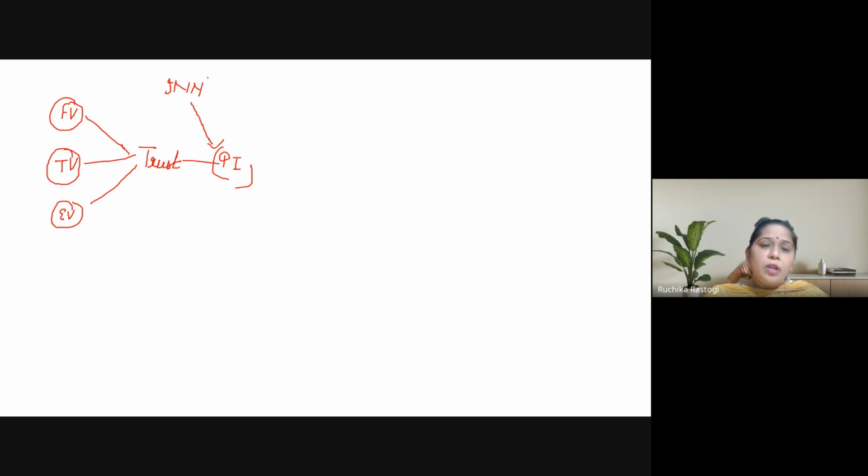Now, to see whether INN or trust is a mediator or moderator, just ask two questions. What is the first question? Please note it down. Is there any logical impact of trust on PI?